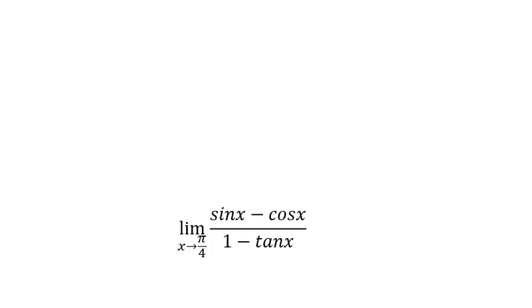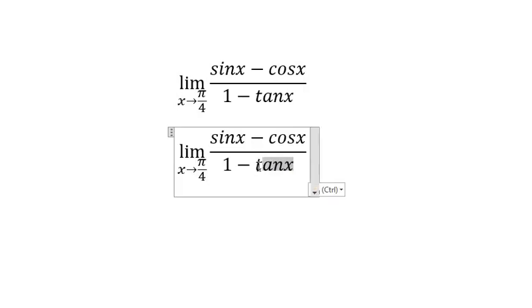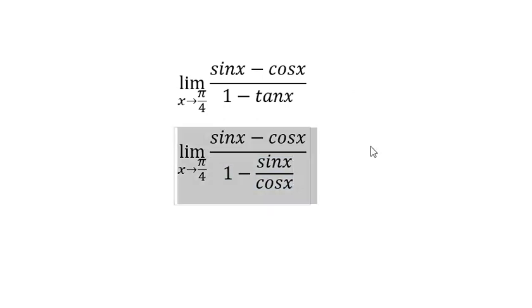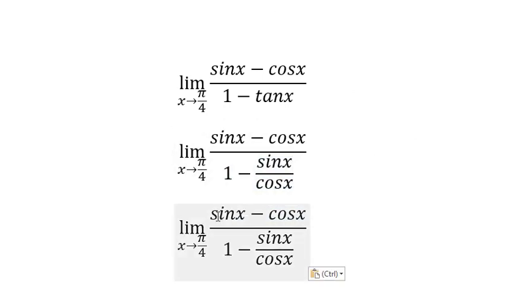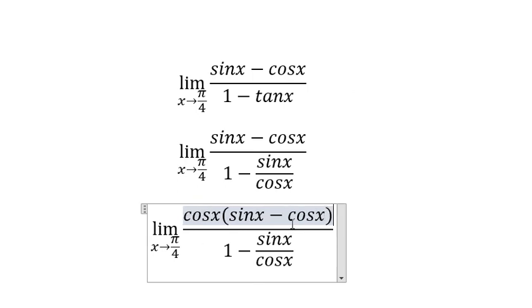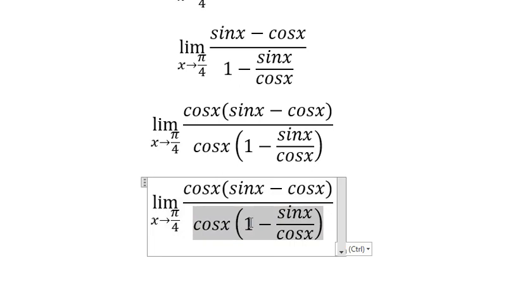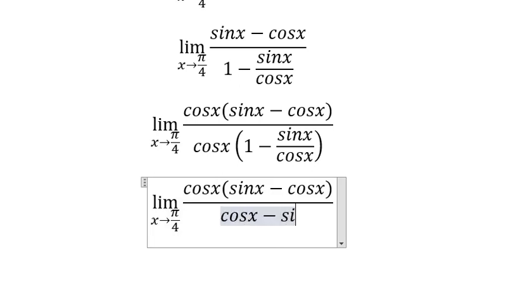Now let's go to the last one. We know that tan x is sin x over cosine x. Now we multiply by cosine x on the numerator and denominator. So for this one, you get cosine x minus sin x.